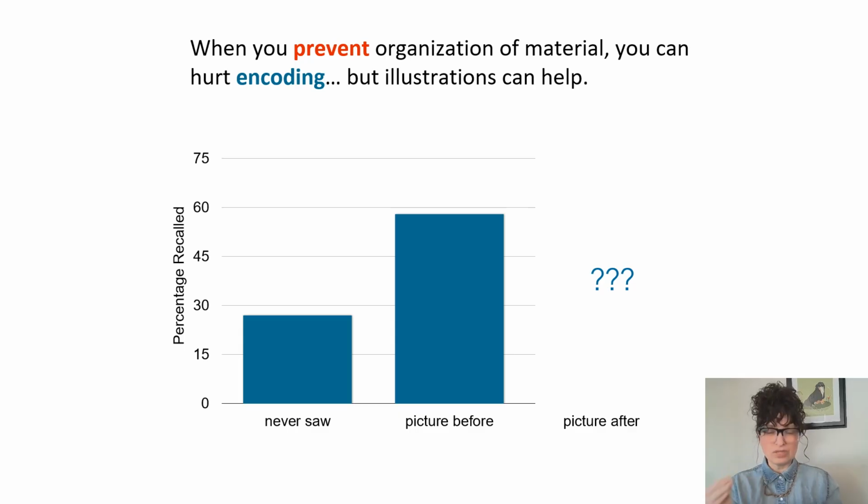But what do you think happened for the participants who saw the picture after? Do you think that they're going to look more like the participants who never saw the clarifying image? Do you think they'll match the results of the participants who saw the picture before? Or do you think they'll be somewhere in the middle?